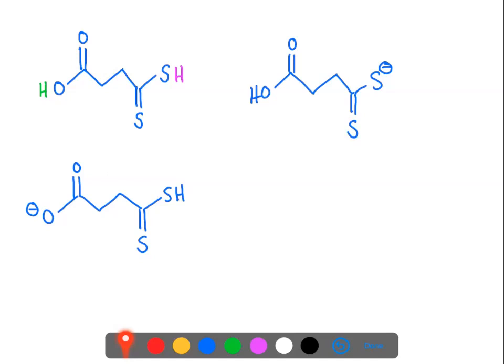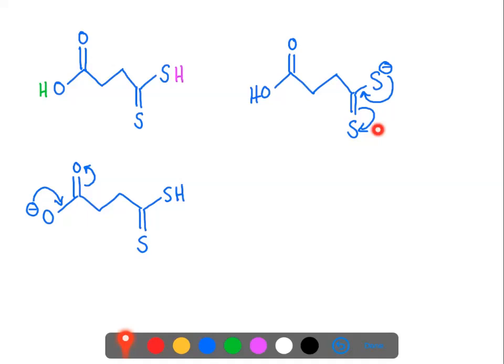In fact, the orbital is going to be similar, and resonance is also possible in both of these examples. In this example, we have a resonance effect which delocalizes that charge between those two sulfur centers. The same thing can be shown for this particular part of the molecule, that we can also delocalize this additional electron density over these two oxygen centers.